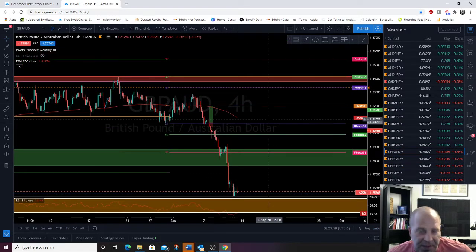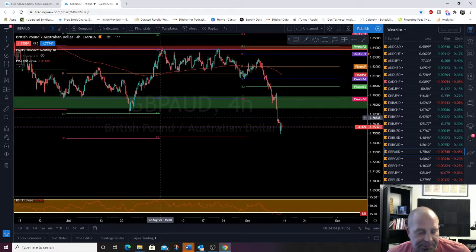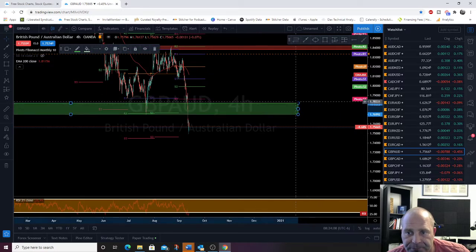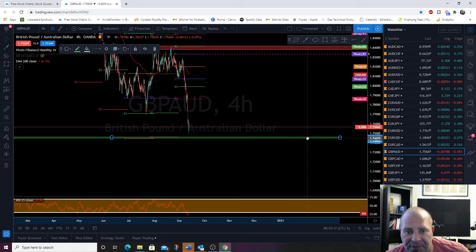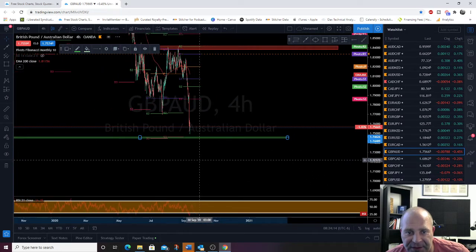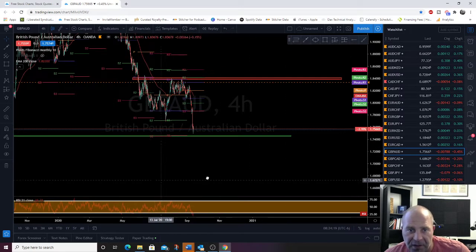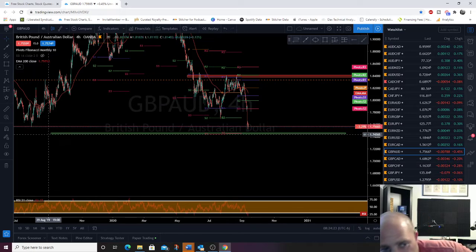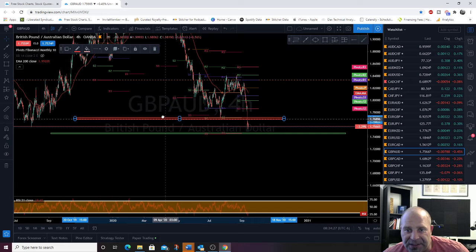GBPUSD. So we have busted way below our support that we had here. And now I'm just going to throw this down here at this S3 where these missed S3s from months ago are. But yeah, we have broken this, so we may have some pretty good downside material for a while.